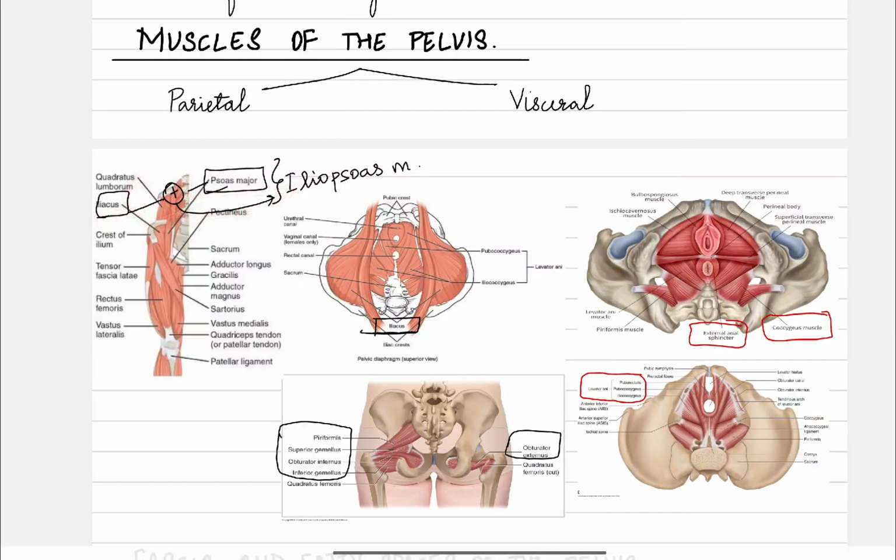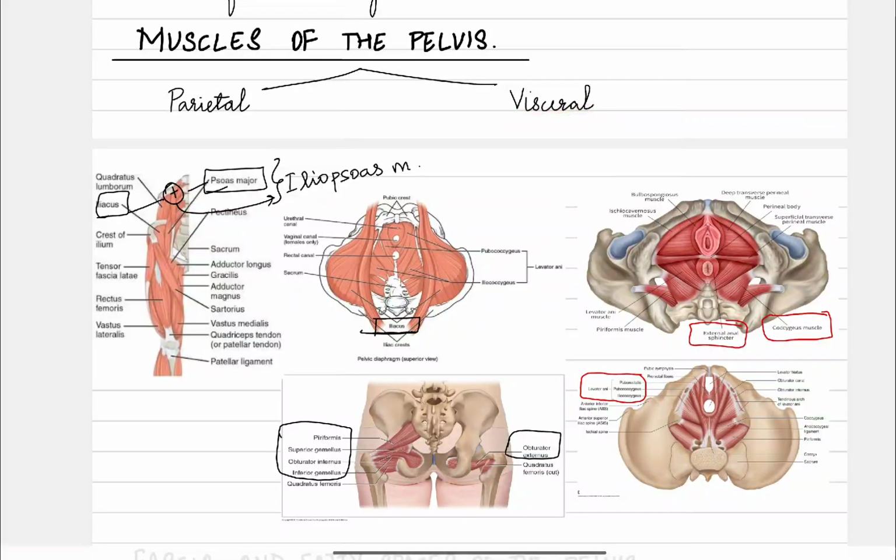Next is obturator internus, obturator externus, piriformis muscle, superior gemellus and inferior gemellus. So the parietal muscles of the pelvis are iliopsoas muscle, obturator internus, obturator externus, piriformis, superior and inferior gemellus.